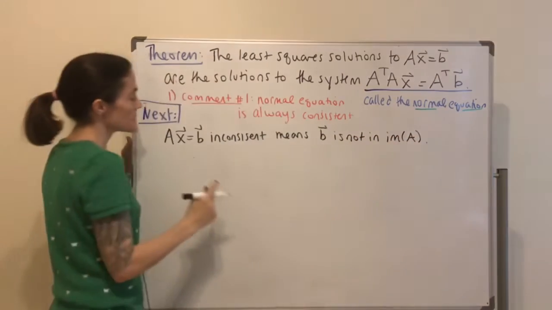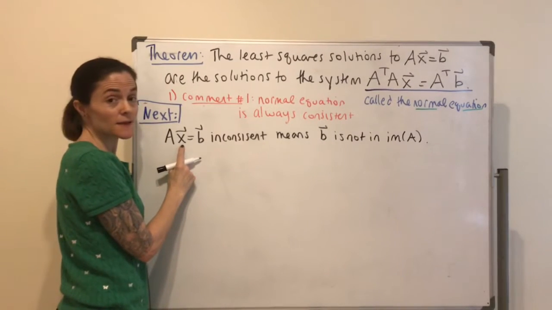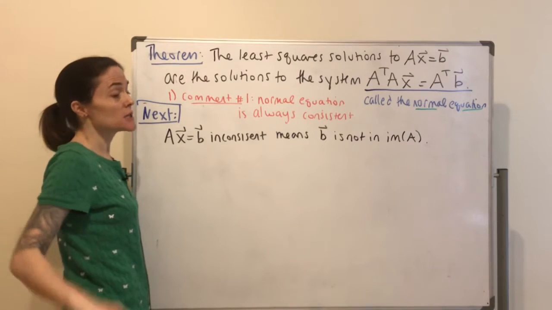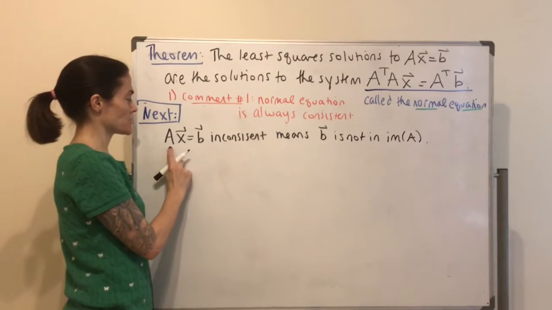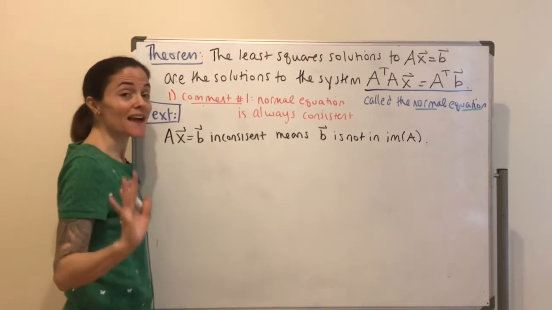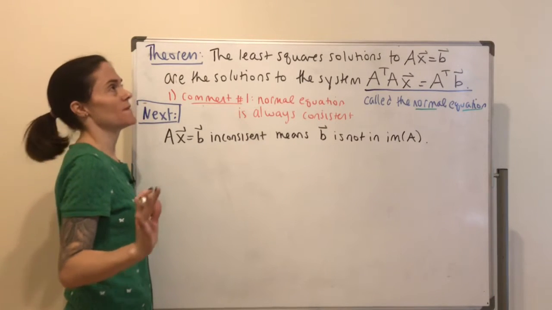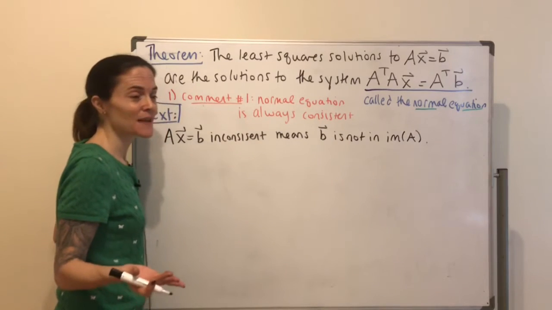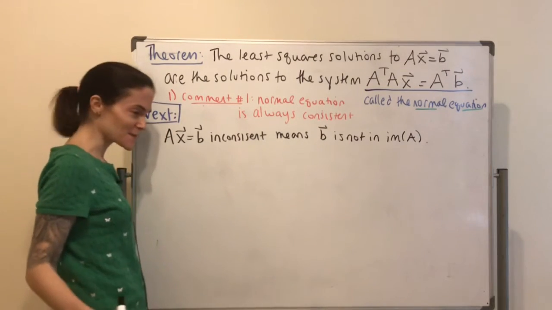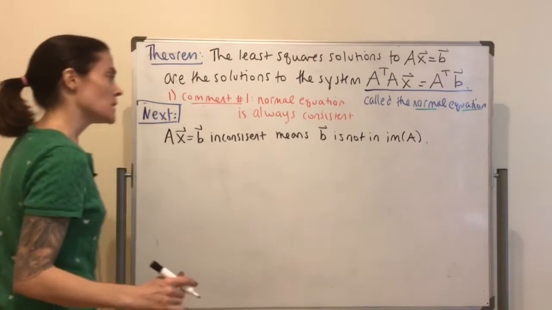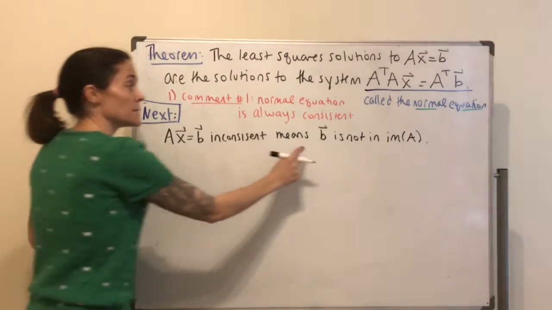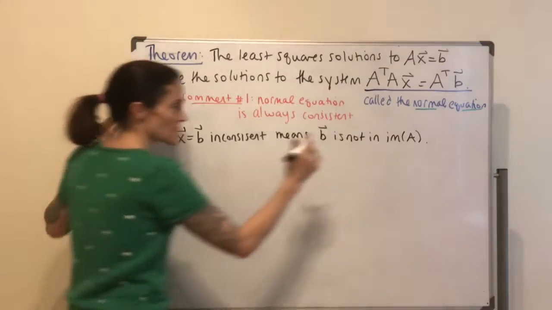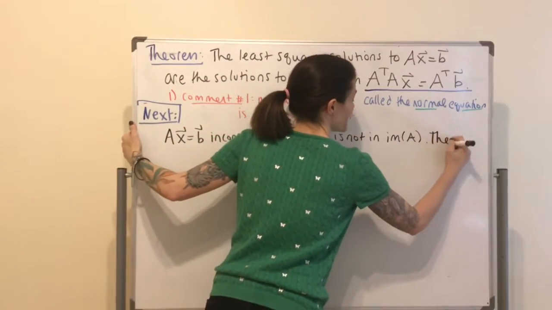Now, why is this? Well, A times x you can always think about as a linear combination of columns of A. So in particular, any vector of the form A times x is without a doubt in the image of A, because it is a linear combination of a spanning set, which is the columns of A. So if this is inconsistent, then b is not in the image of A. Now let me say one more thing, and then I'll draw a picture.